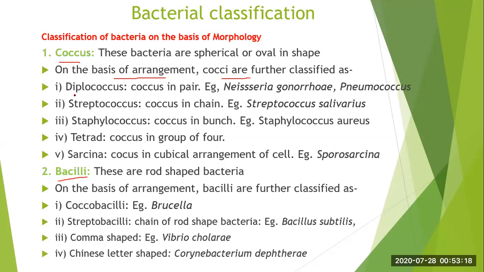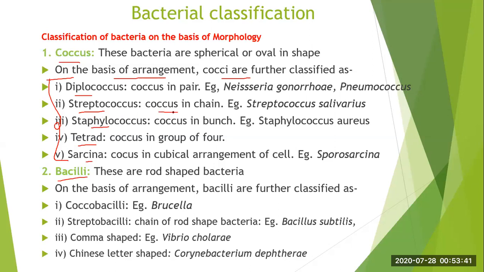In the case of cocci, they are classified on the basis of their arrangement. For example, Diplococcus, Streptococcus, Staphylococcus, Tetrad, and Sarcina. All of these groups are based on the pairs or arrangement of the bacteria. Diplococcus means cocci present in pairs, for example Neisseria gonorrhoeae.